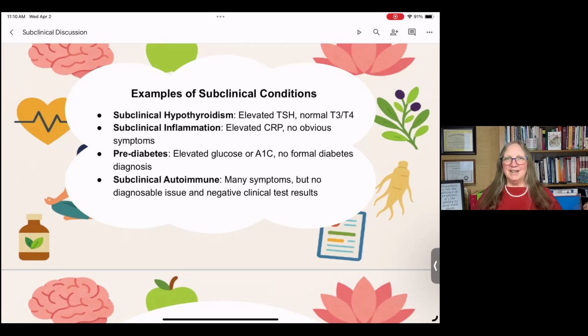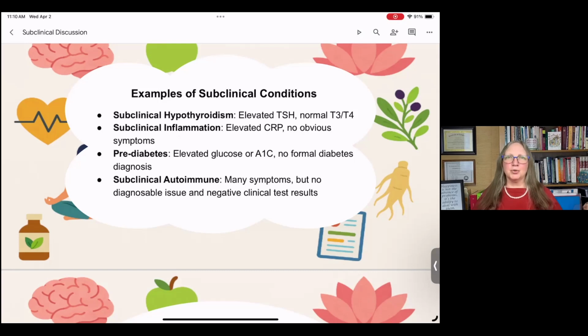Well, this is a key piece of information. If you notice that you're back and forth, you probably have a subclinical autoimmune. What that means is that the antibodies haven't figured out what the problem is. And so they are starting to look for weaknesses in the body. Those weaknesses might be your thyroid, it might be your spinal cord, it might be your connective tissues.